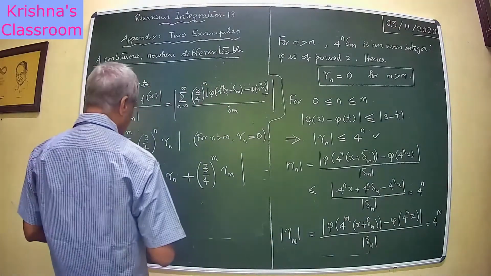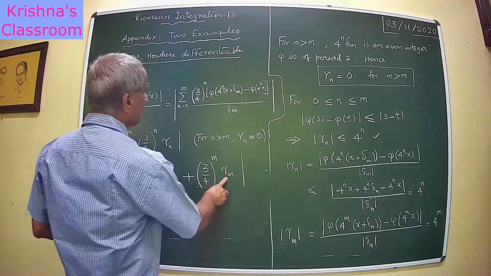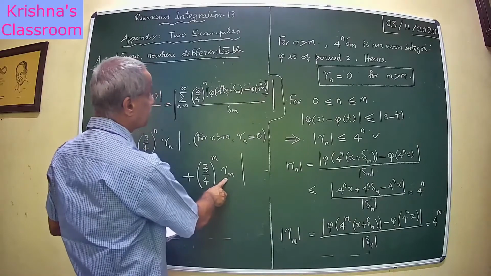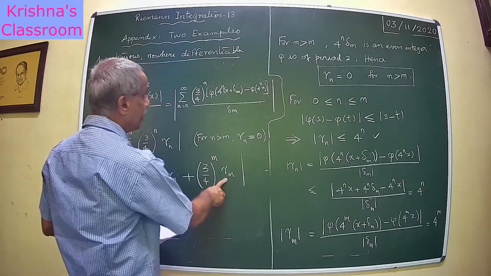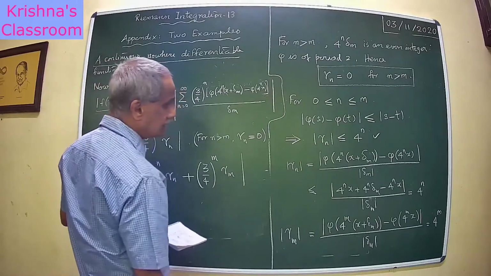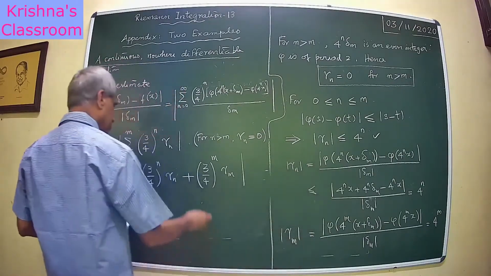Therefore, now you see we have seen that gamma n equal to 0, gamma m is 4 to the power n. So we use that.